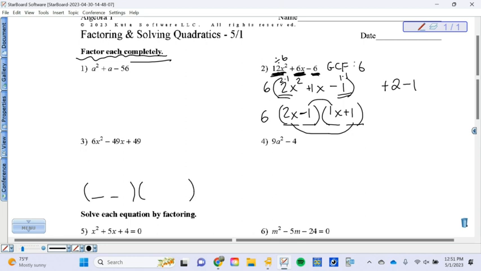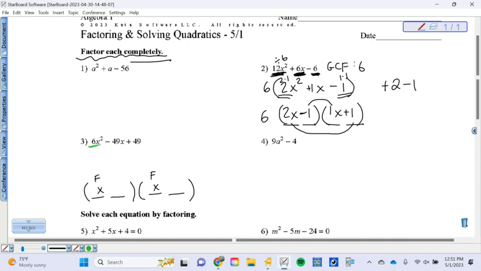I need to come up with 1, 2, 3, 4 terms that go inside my 2 binomials, okay? What is going to be a part of my first times first? Yeah, x, because I need x times x to give me x squared. So x and x. Well, 6 and 1, that's a possibility. I'm going to use my colors again.